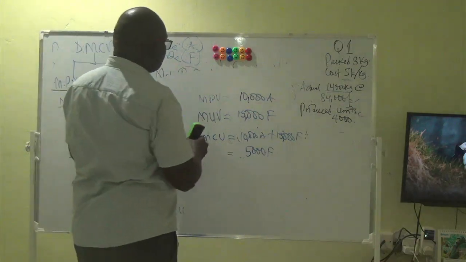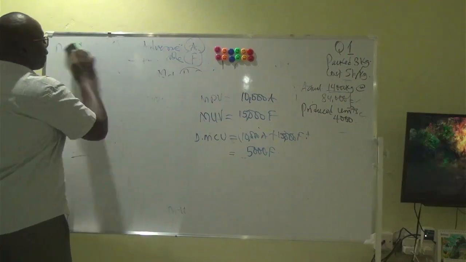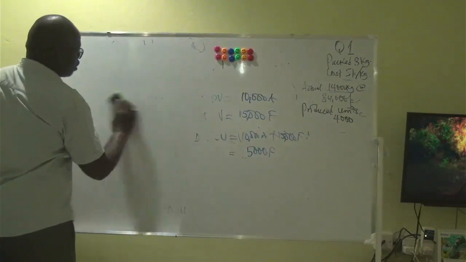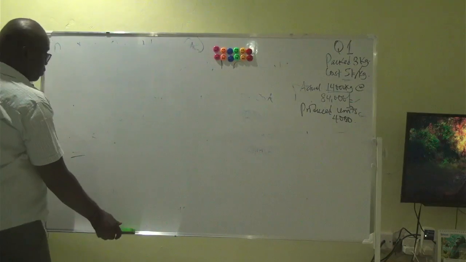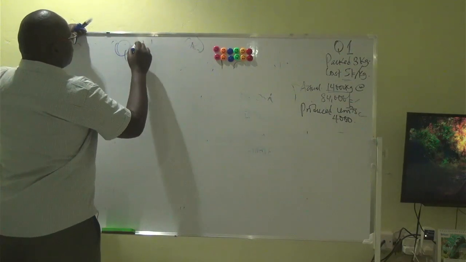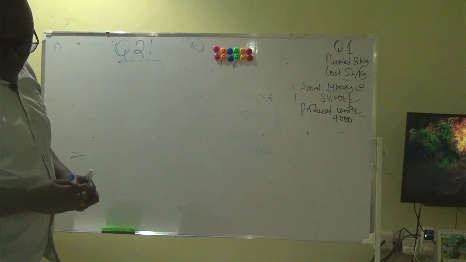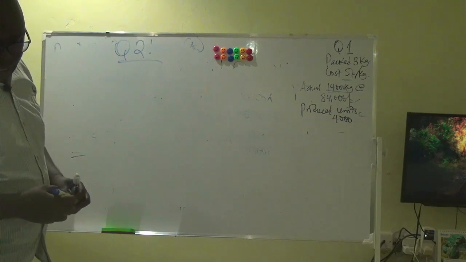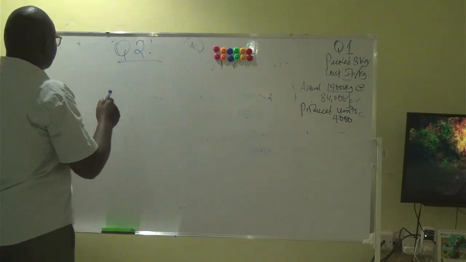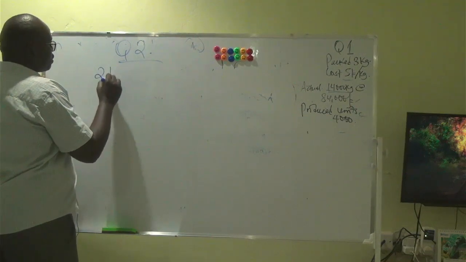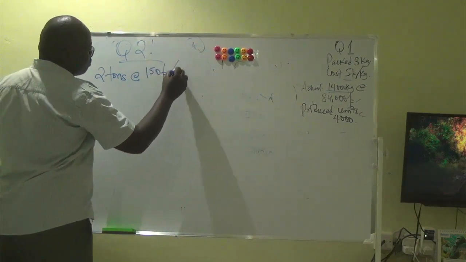Let me just highlight a few of those things here. Cuman is now producing product Q2, and this Q2 has the following inputs: 2 tons at 150 shillings per ton.